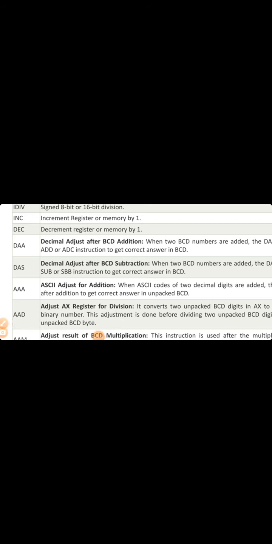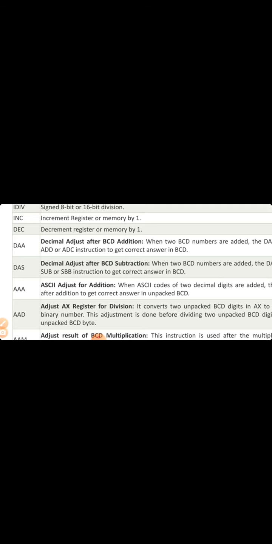The next instruction is DAS, decimal adjust after BCD subtraction. First is DAA, decimal adjust after BCD addition. Now DAS, decimal adjust after BCD subtraction.